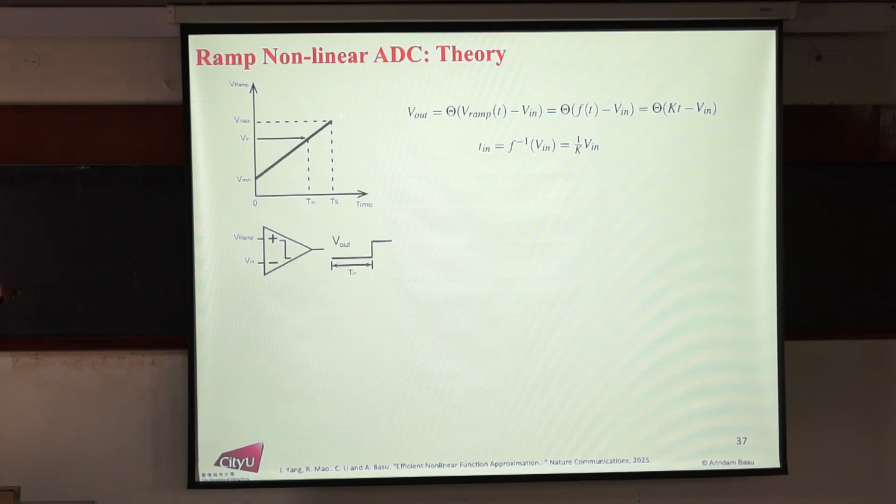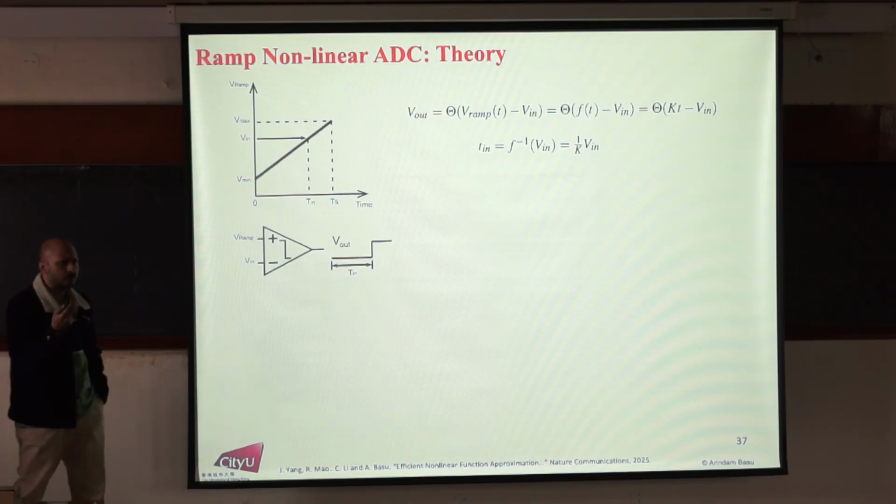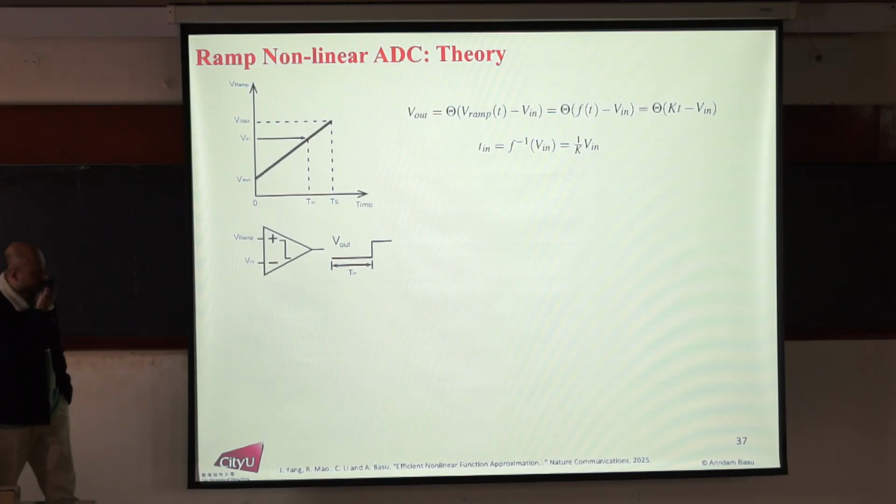And then what I see is the time taken for the output of the comparator to flip will be proportional to this input value. Can you see that? If the input is lower, my ramp crosses the input faster. And then it's very easy to digitize this time. You can run a counter and so on.